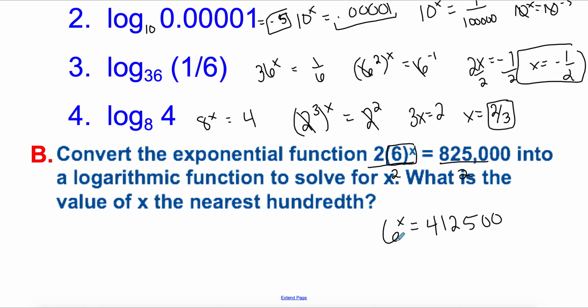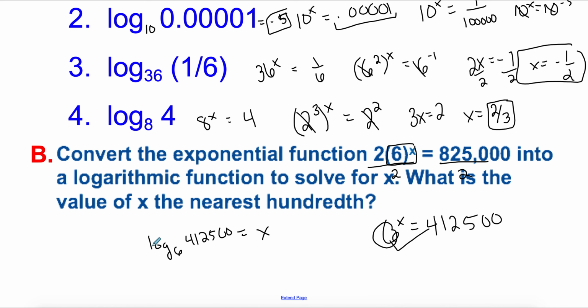From here, we can convert this to a log. Remember, it's kind of like the check mark with the logs, but we're doing it this way. So we'll have log base 6 of 412,500 equals x. And then we can actually do this in our calculator. We're going to learn what's called the change of base formula today.